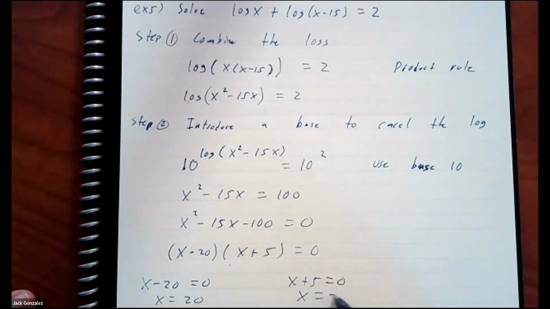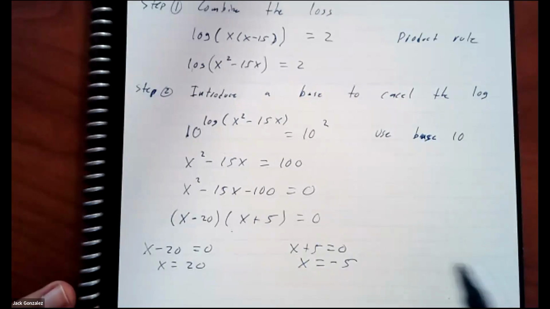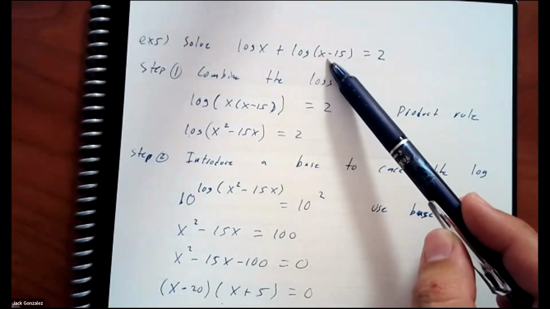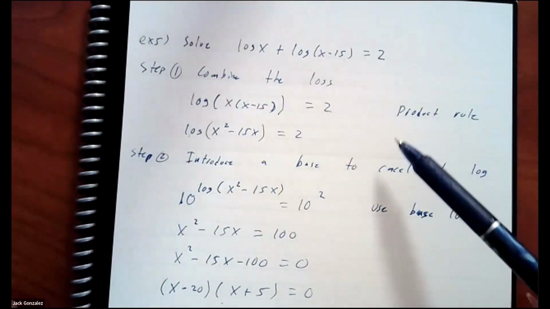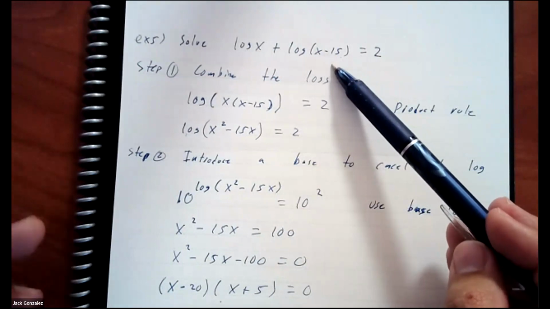Do both of these solutions work? If you go back to the original and plug in 20, does this result in a negative? 20 minus 15 is fine.